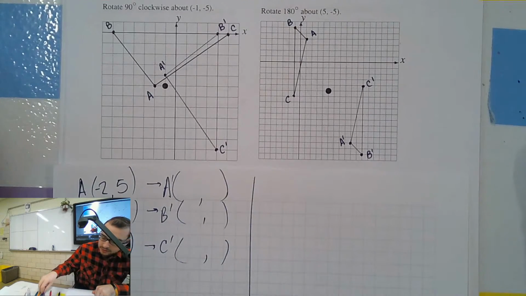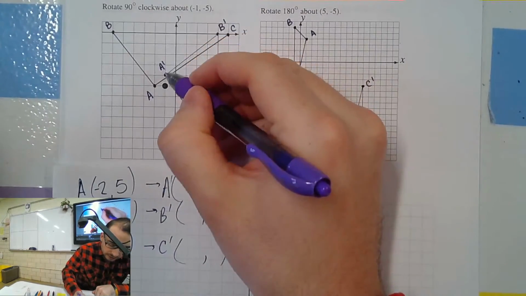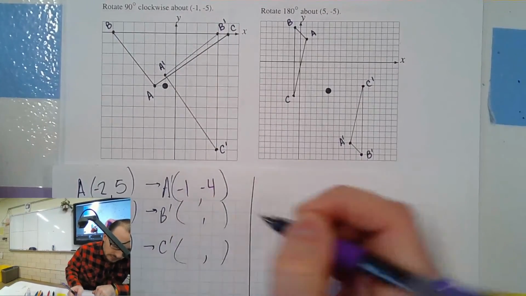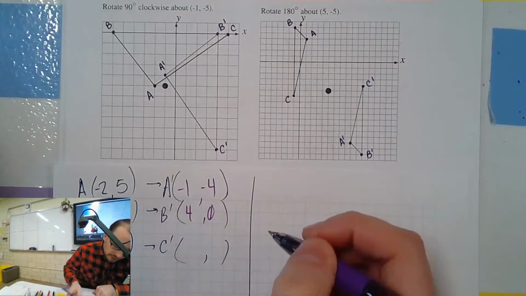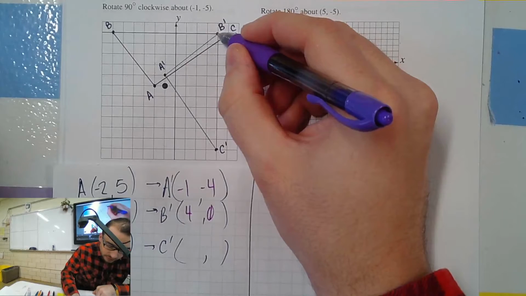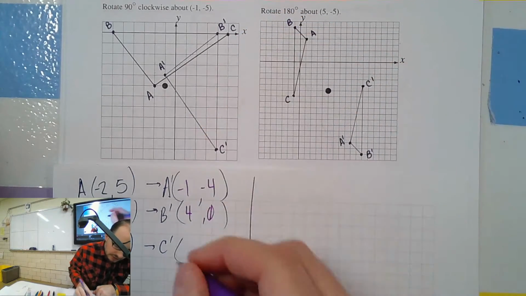Our new coordinates for our primes: A prime is -1, -4. B prime is 4, 0. And C prime is 4, -11.